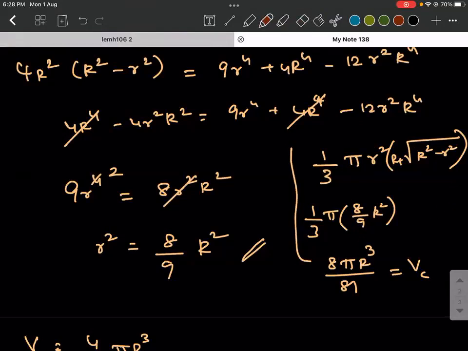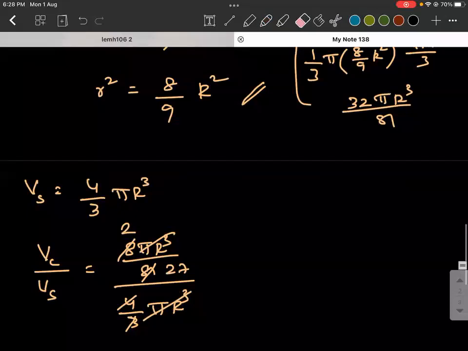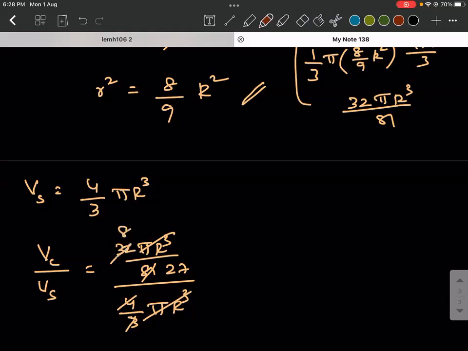So this will give me 4R by 3. What will happen? It will become 32πR³ divided by 81. So here it would be 32. So 4 will cancel this 8 times. So 8 divided by 27 will be the answer.